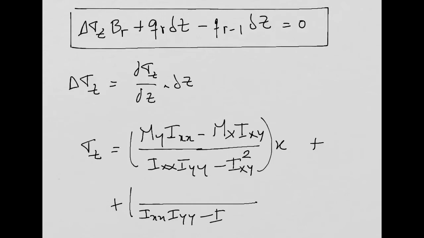This is from unsymmetric bending, okay? And then we will have here Mx, second moment of area, and My, product of inertia. And this will multiply the coordinate y, which is the distance in the y direction to the neutral axis.